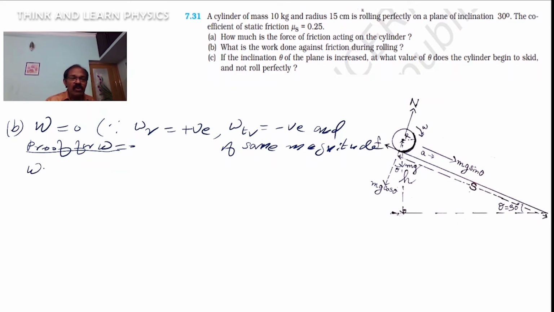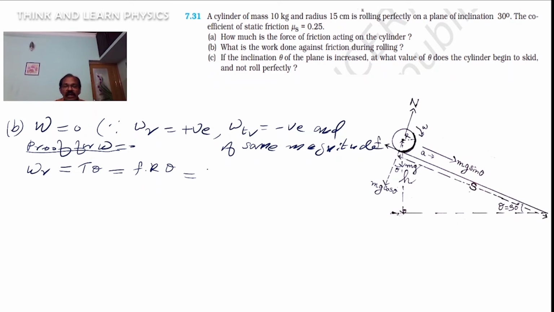Work done for rotation motion WR equals the magnitude of torque into the magnitude of angular displacement. Here the directions of the torque and the angular displacement are the same, and hence we can find the work done during rotation motion as the product of the magnitudes of both the torque and the displacement. So this is equal to the torque, F into R being the magnitude of the torque, into theta.